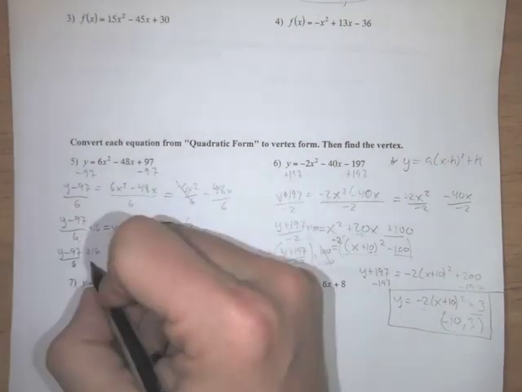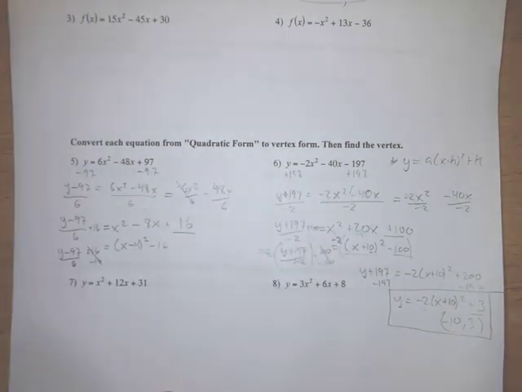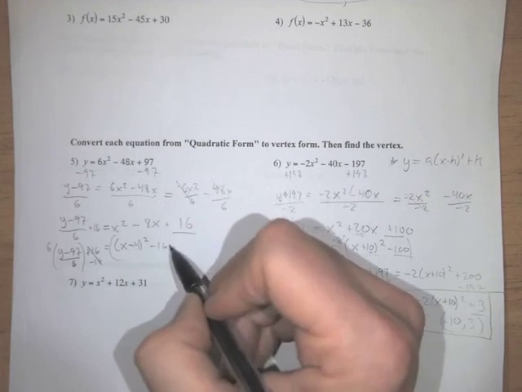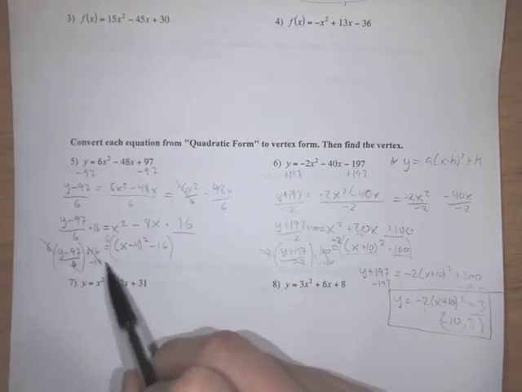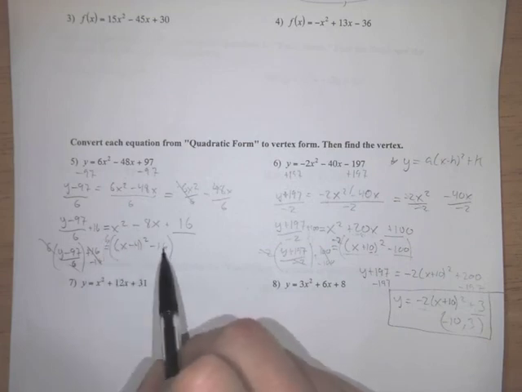So the first thing I'm going to do is subtract 16. Okay. Next, I need to multiply both sides by 6 to get rid of that 6. So multiply this by 6. Multiply everything over here by 6. Okay, so 6's cancel. Now here, this is the tricky part. We got to distribute. So 6 times this chunk, and then 6 times negative 16.